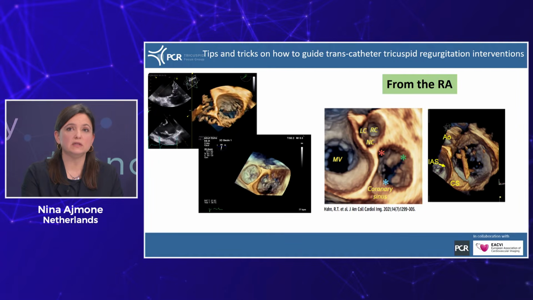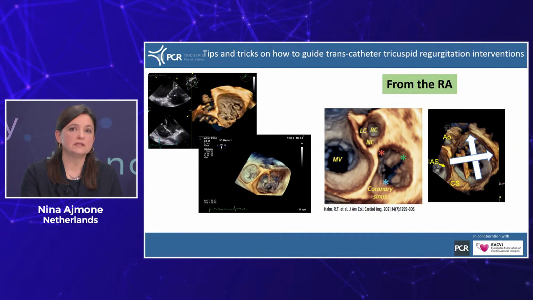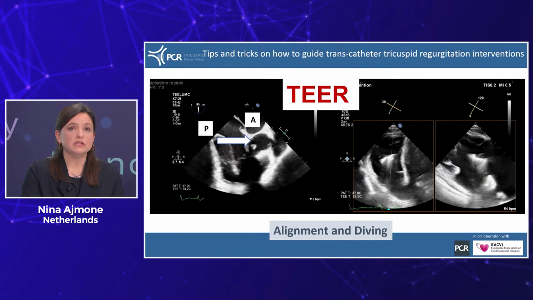So when we speak with interventionalists, we can easily say, move towards the aortic, anterior or posterior, and from the septal to the lateral, really orienting very well on how to move the clip, as you can see in the middle film. So let's see exactly what happens when you do the procedure.